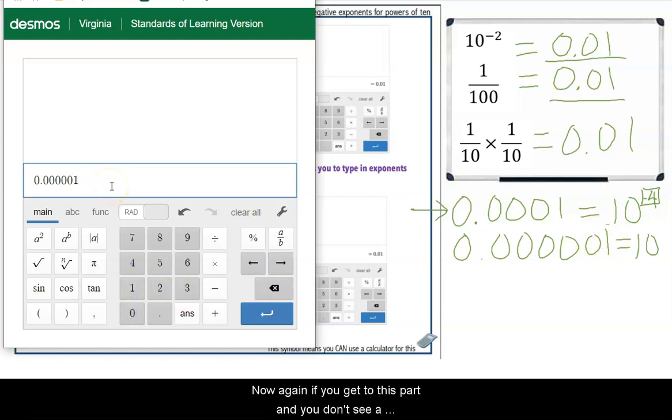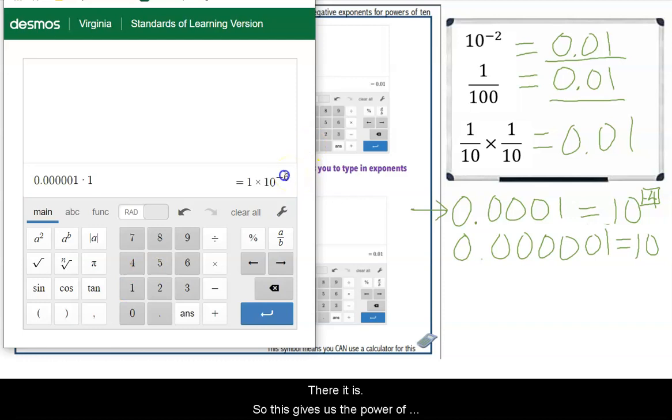Now again, if you get to this part and you don't see a solution, you've got to give it an operation. You have to tell the calculator that you're doing something. The number stays the same. It's just a different format. I'm going to multiply this by 1. There it is. So this gives us the power of 10. You don't need this 1 because it's just telling you you have one group of 10 to the negative 6.